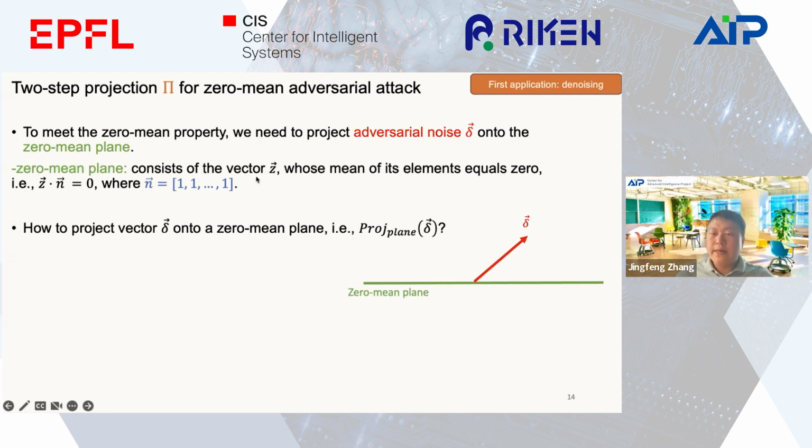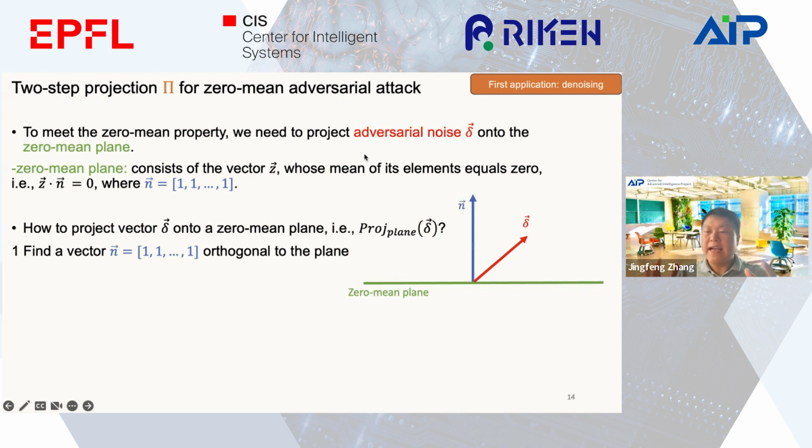How could we project a vector delta onto a plane? First, we find an all-one vector that is orthogonal to this plane, that's the zero mean plane.